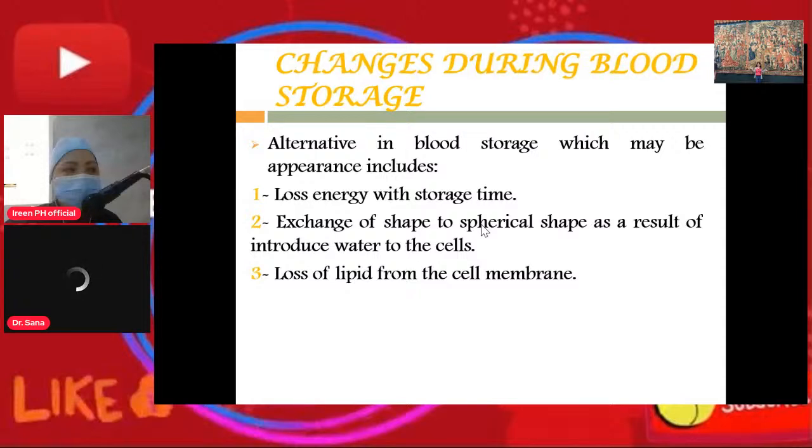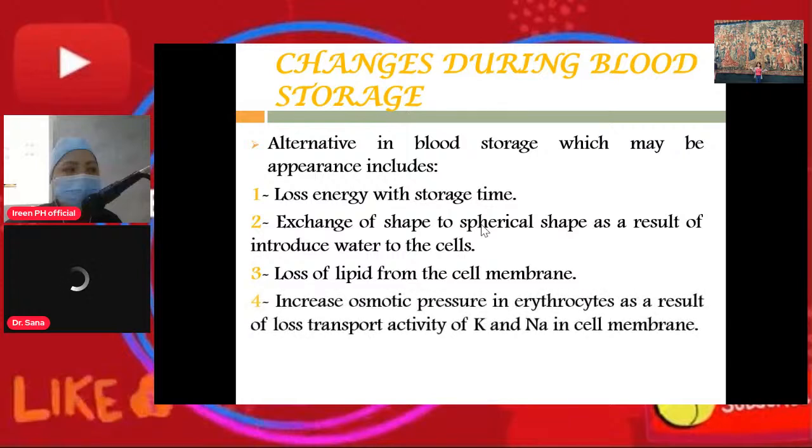Change of shape to a spherical shape as a result of water entering the cells. The loss of lipid from the cell membrane. This increased osmotic pressure in erythrocytes as a result of lost transport activity.